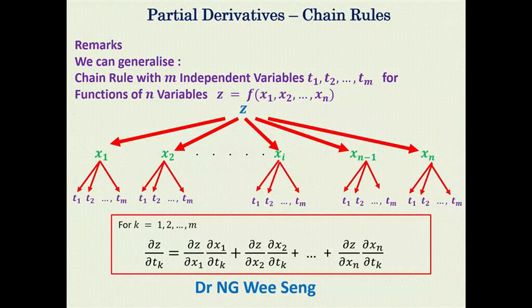We end this video with a generalization of the chain rule. In this case, Z is a function of n variables x1 to xn. N can be anything from 2 onwards. And the x variables are all functions of m new independent variables, t1 to tm.